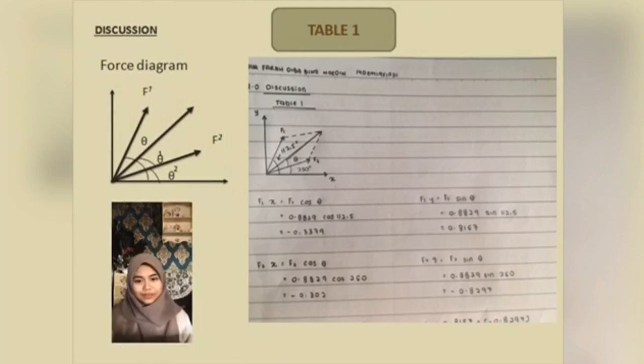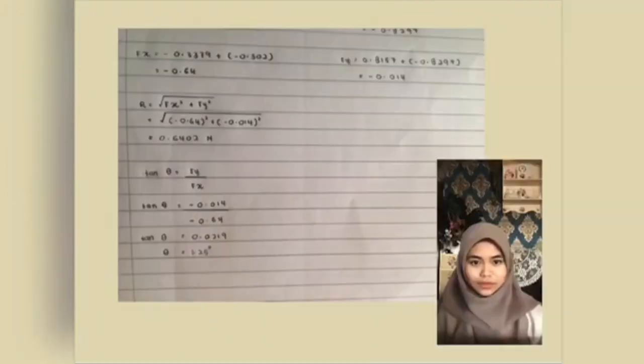For the F2x, it is 0.8829 cos 250 degrees, which equals negative 0.302. For the F2y, it is 0.8829 sin 250. After that, we need to find the Fx and Fy.